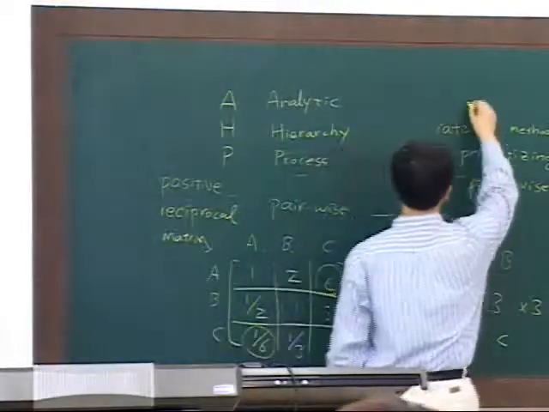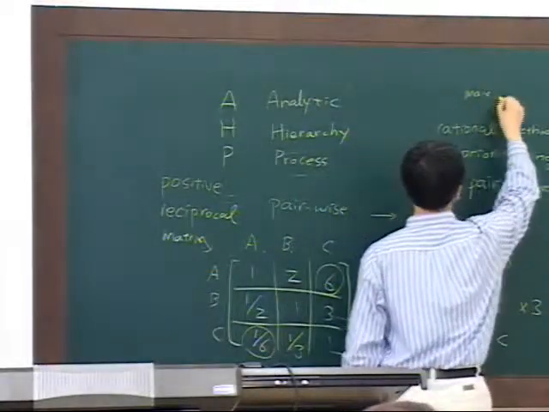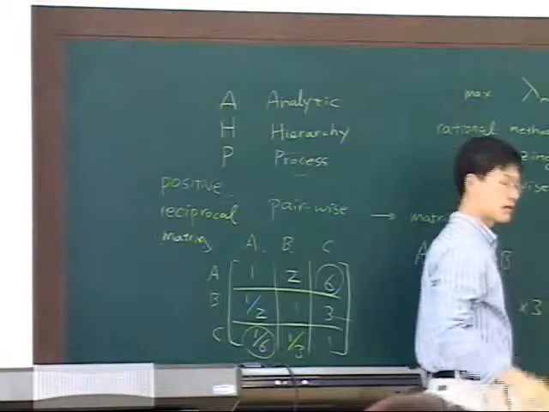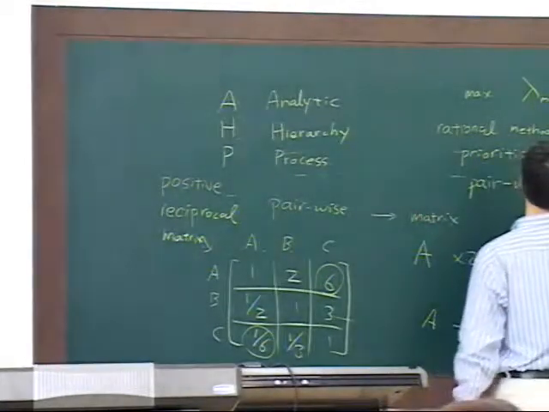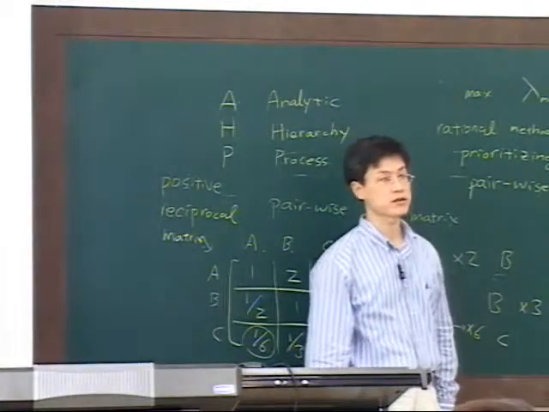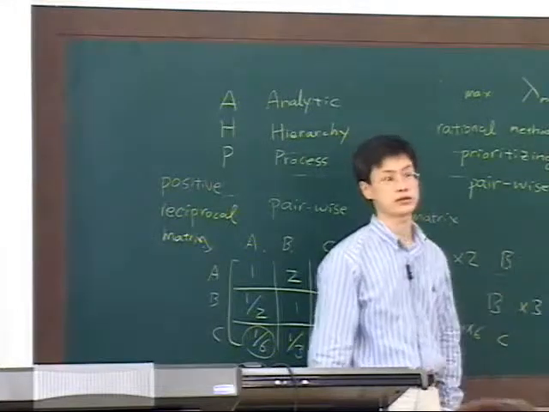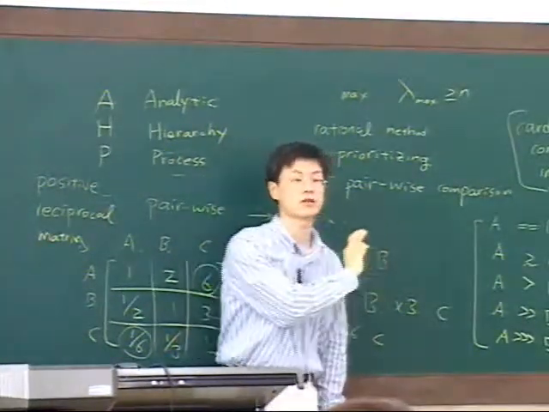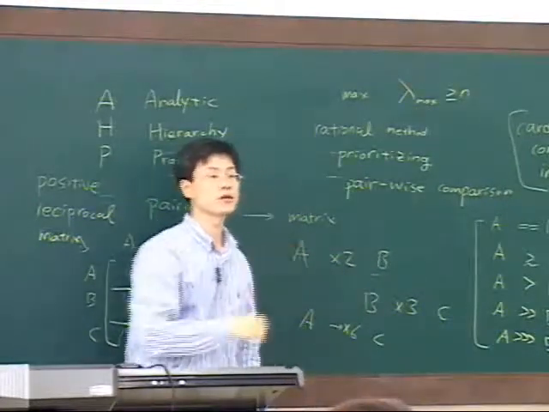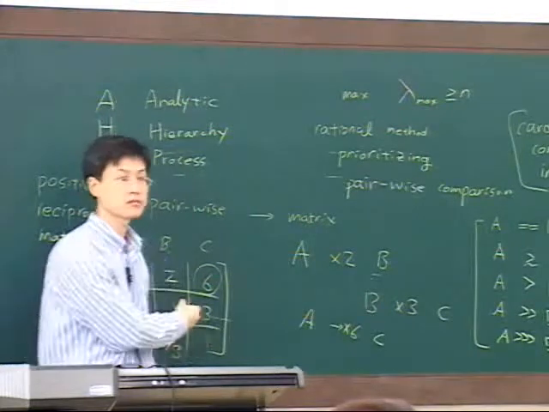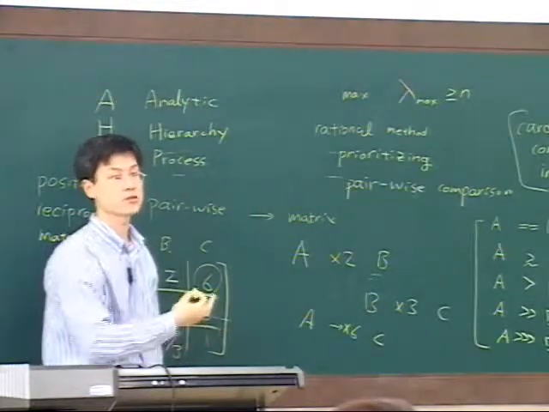So the maximum eigenvalue, I would write lambda sub max, is always equal to or greater than n, which is the order of the matrix. So it is not the number of eigenvalues. However, there could be many eigenvalues based on the order of this 3 by 3.